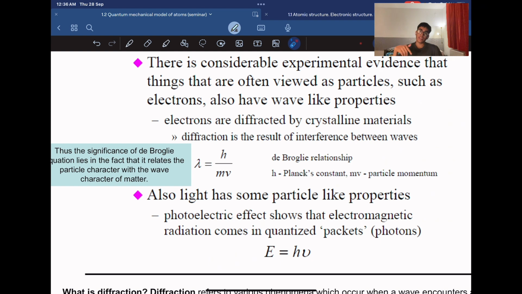We're going to read about that next lecture. And the particle nature can be expressed in the photoelectric effect, where the energy coming out of a plate in the experiment is in quantized packages called photons.